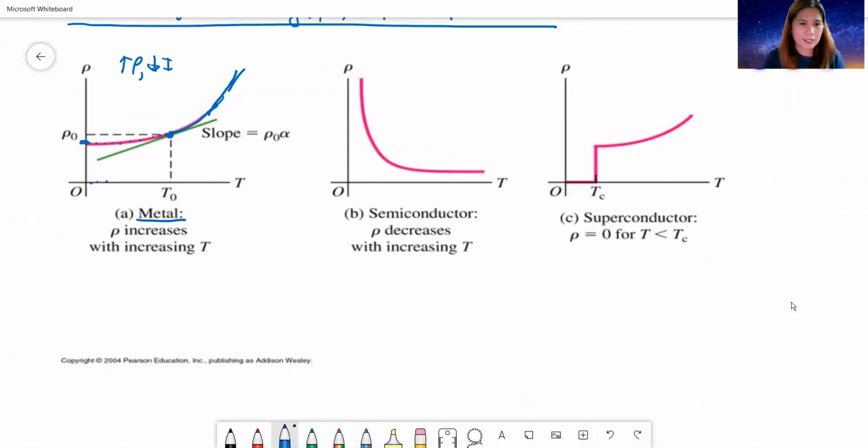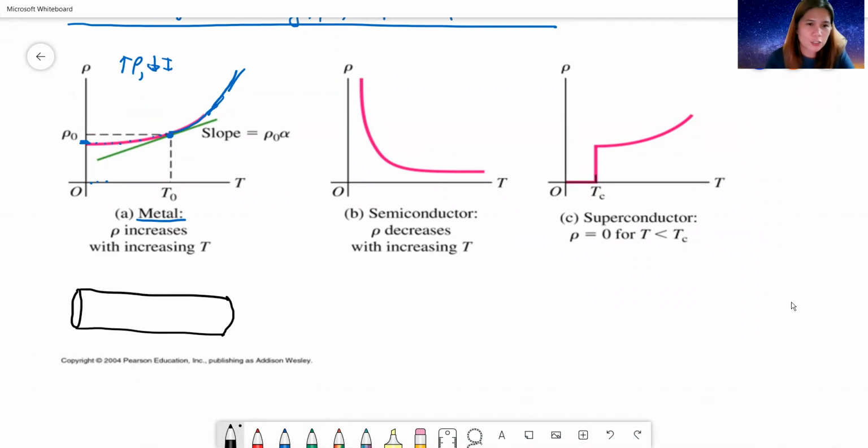So in a metal, say for example, we have a metal here. And of course, it's understood that this metal is connected to a complete circuit. There's an established electric field, there's an established current. It's not just a standalone wire, but only this part is drawn. Say for example, you have conventional current, or let's talk about, in the real world, electrons. So you have the positive ions.